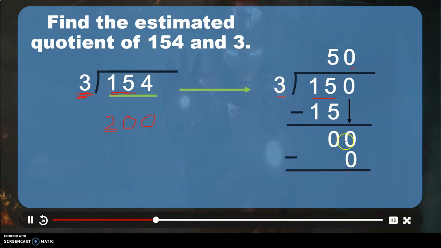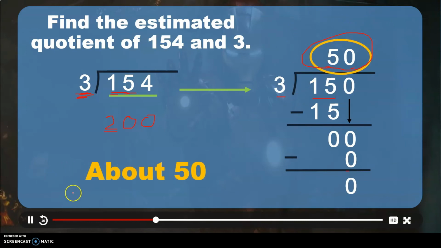Then subtract. 0 minus 0 is equal to 0. Therefore, our answer is 50. And our final answer is about 50. Remember, if we are finding the estimated quotient, we need to include the word about. Okay?